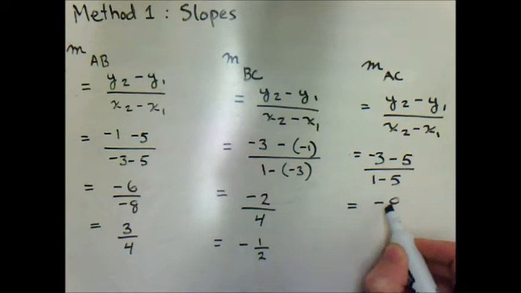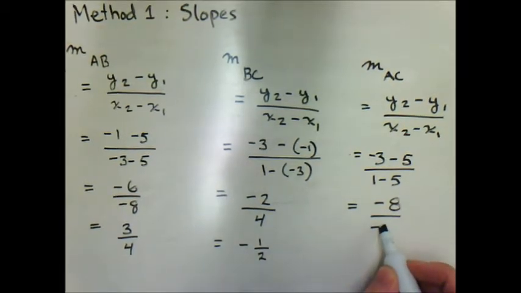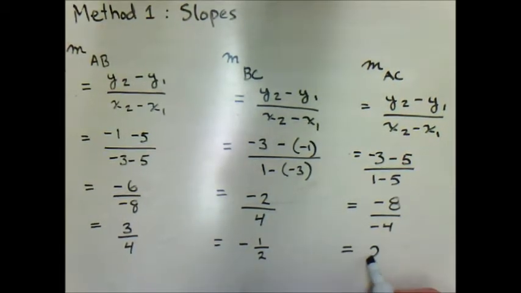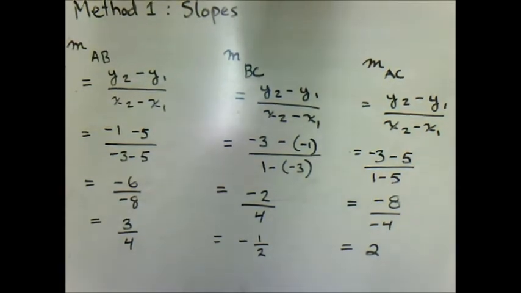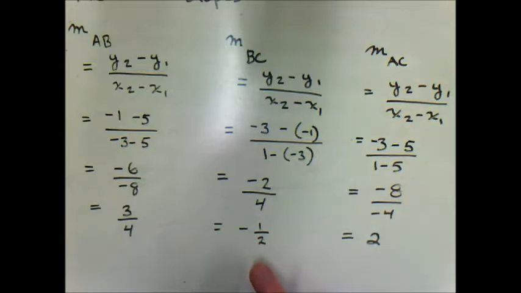This reduces to -8 over -4, which is 2. And now we should be able to see that since the slopes of BC and AC are opposite reciprocals, triangle ACB is a right triangle.